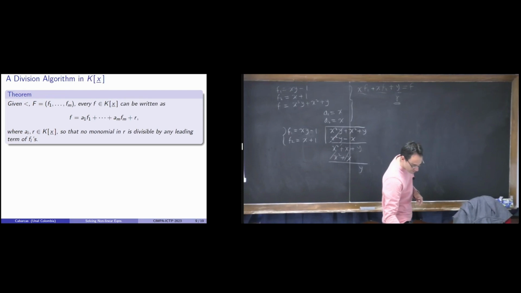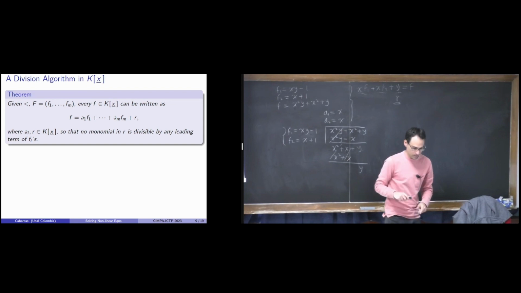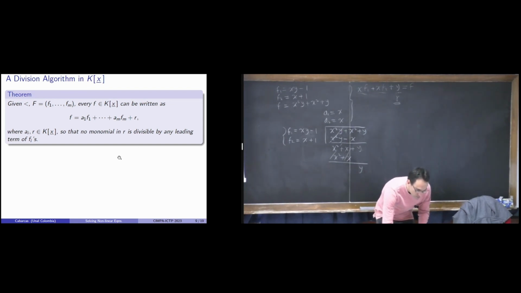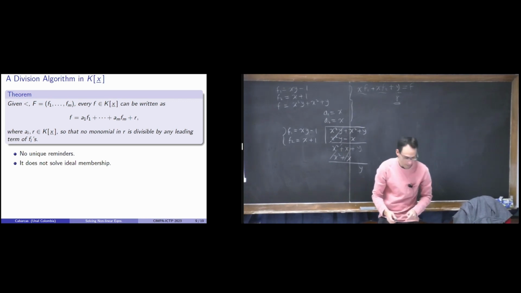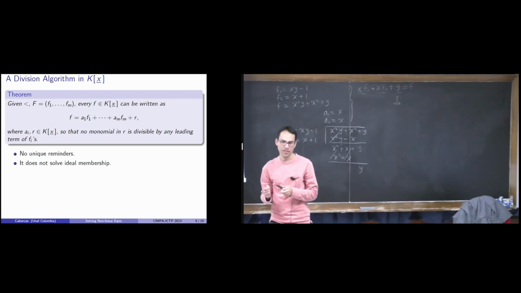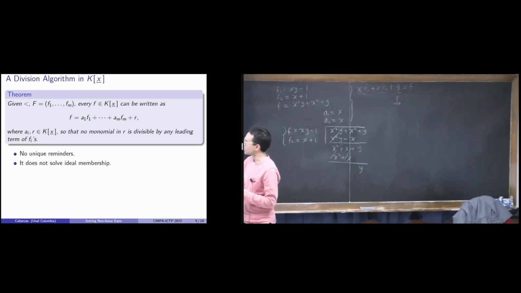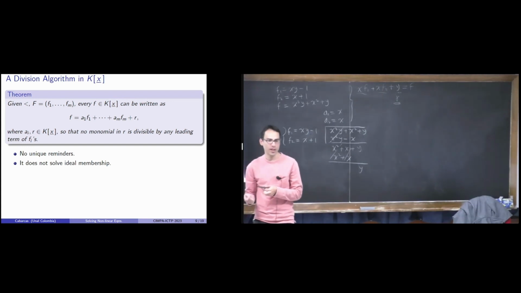Unlike the one variable case, there's nothing that guarantees that we have unique remainders.